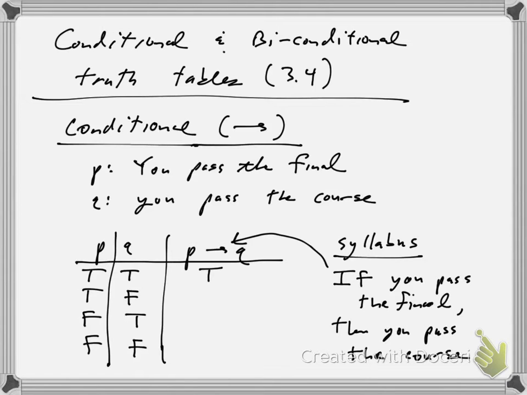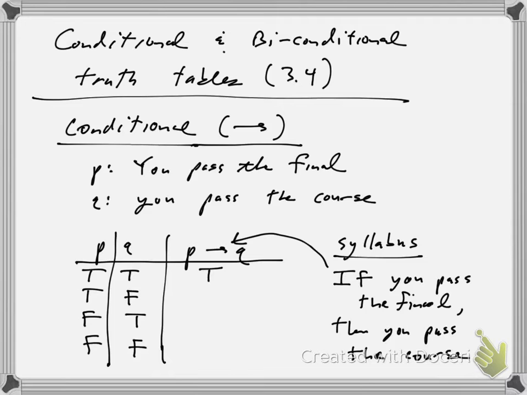So we need to find out what this P and this Q are in the real world. So here's what actually happened in the real world. This is what the syllabus said, that if you pass the final, then you pass the course. Then something actually happened in the real world, which I've underlined here in red. And let's see if the original statement is true.